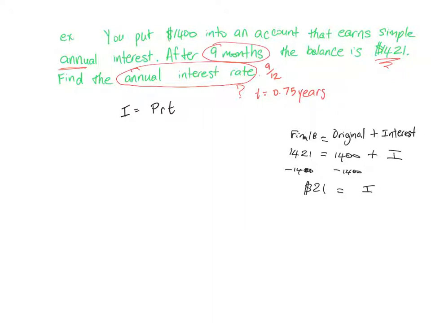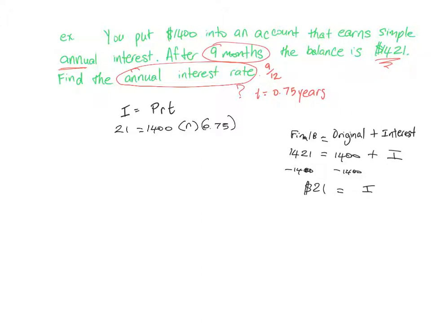All right, so our interest is $21. Our principal is our starting amount, which is 1400. Our annual interest rate, we don't know, so we'll put R there. And the time, not 9 months, which it is, but we want it in years, so we put 0.75.